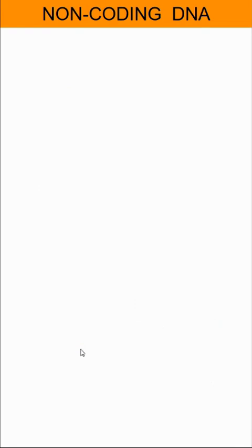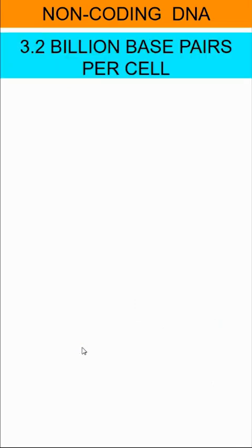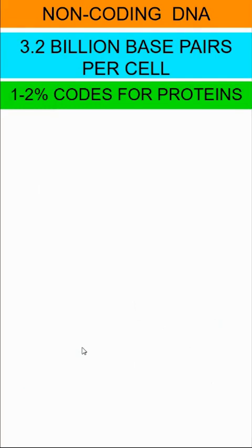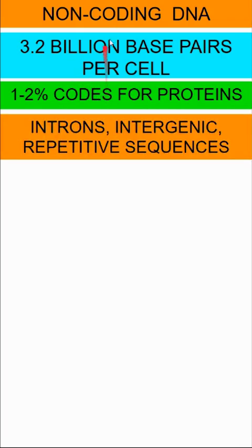We also have this non-coding DNA. Again, there are like 3.2 billion base pairs per cell, but only 1 to 2% of those are actually codes for proteins. So in order to change the shape of a protein, you would have to mutate only that part of the code that's coding for the proteins. So then what is all that other non-coding stuff? Well, it could be introns, it could be sequences between genes.